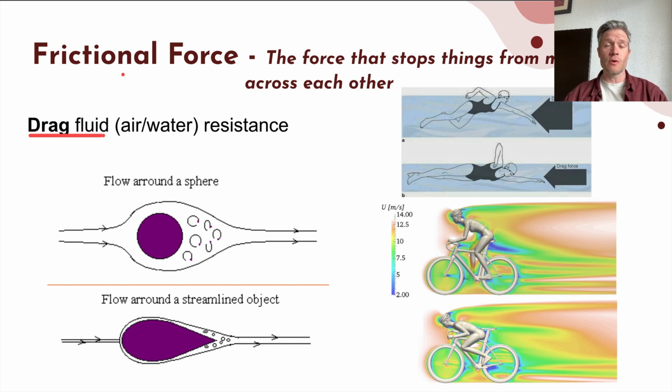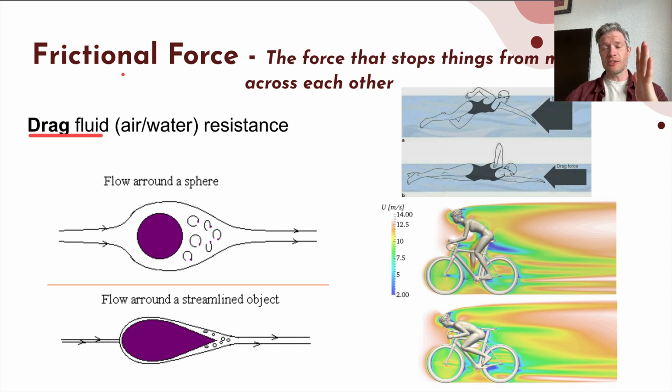Okay, so drag force is again when the cross-sectional surface area of an object or a person starts going through a fluid. So that can be water or air or whatever else, right? Air is technically a fluid, any gas, right? And so because of that, what happens is the molecules within that fluid, and again, it might be easier to think of water to start with, like swimming, kind of like up here in this example.